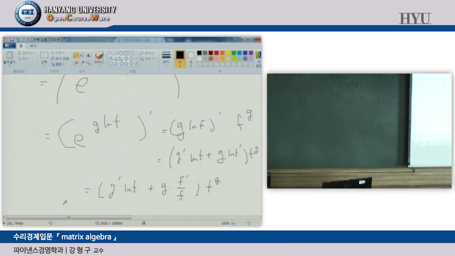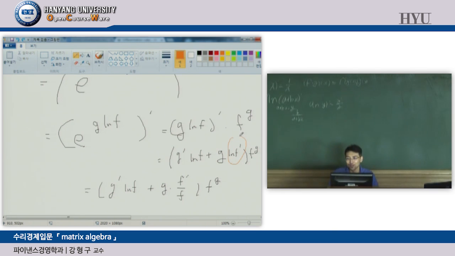Look at this, ln f prime. So yeah, good question. So let's use the yellow orange color. So basically we have this one and this one, right?